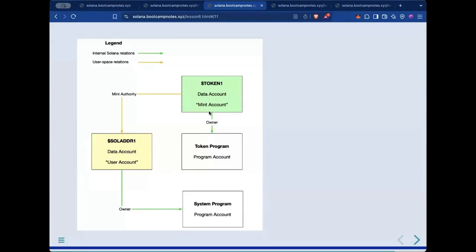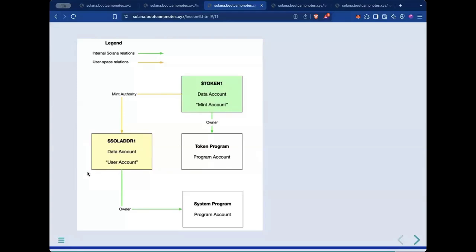So if you're creating your cat token, for example, then the mint account would have details of the name of the token and things like that, or the number of decimal places in the token. So that's the general data account that we need first of all that describes our token overall.